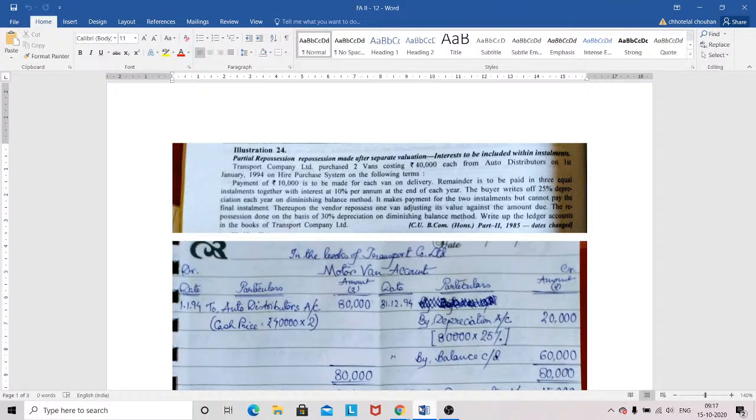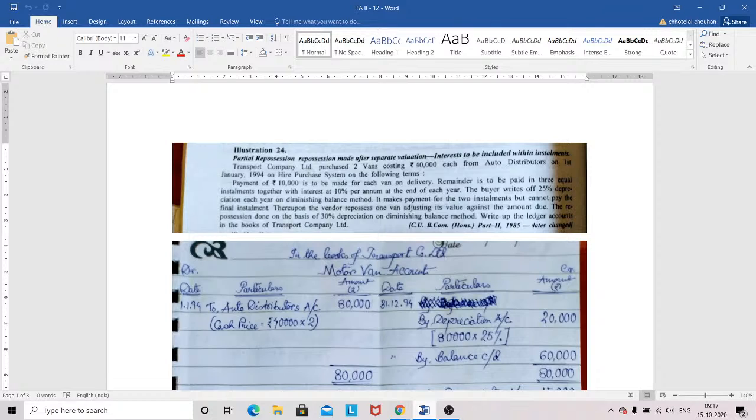Transport Company Limited purchased two vans costing rupees 40,000 each from Auto Distributors on 1st January 1994 on hire purchase system on the following terms. In the first line they have mentioned Transport Company Limited purchased, that means the Transport Company Limited is the hire purchaser. They have purchased two vans costing rupees 40,000 each.